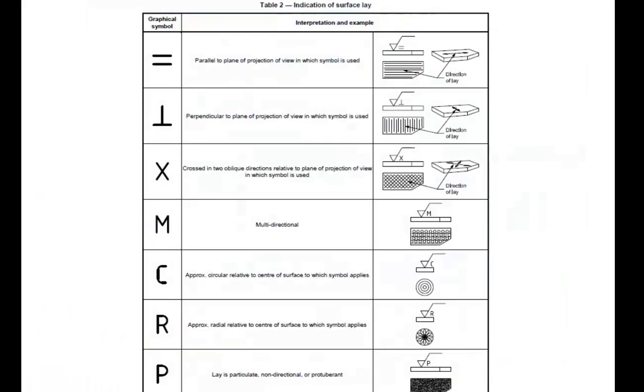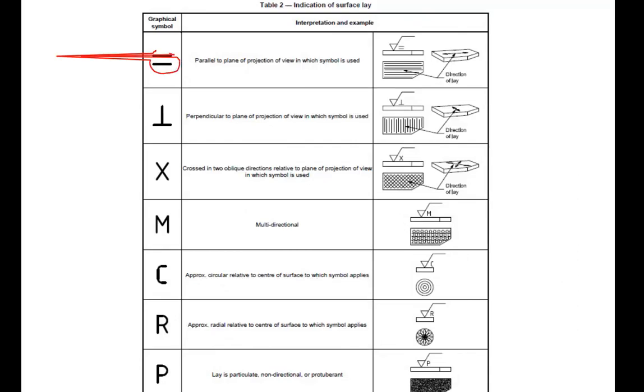Okay. This slide is about the lay symbol. On the technical drawing, say that the roughness symbol has been shown on the front view, and the lay symbol is this one.